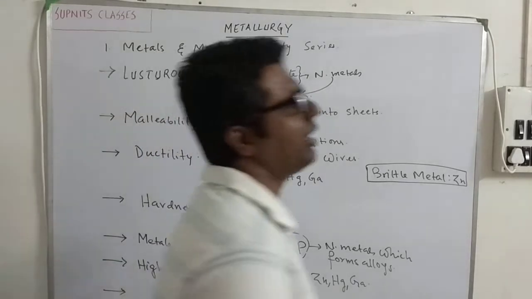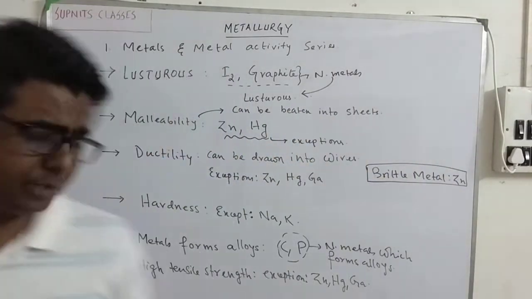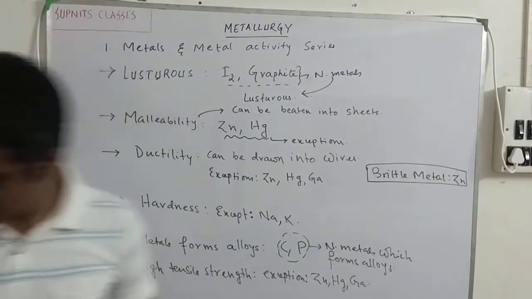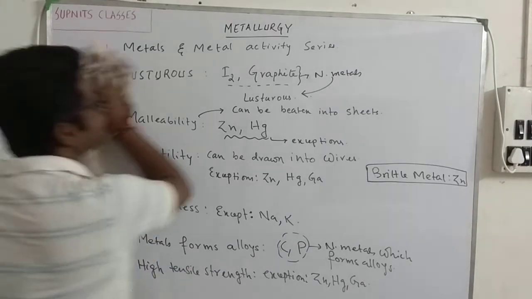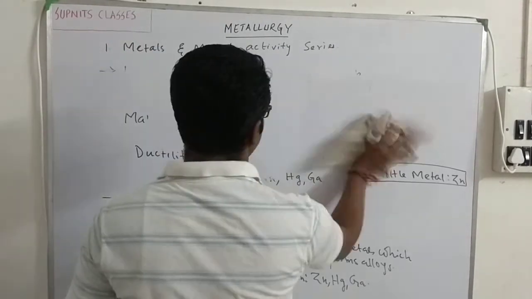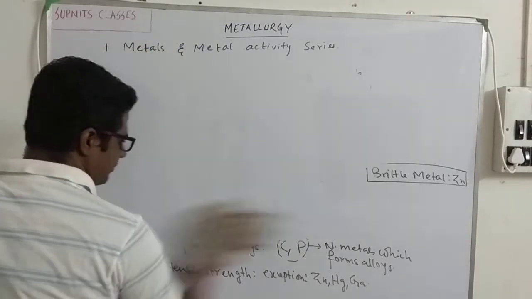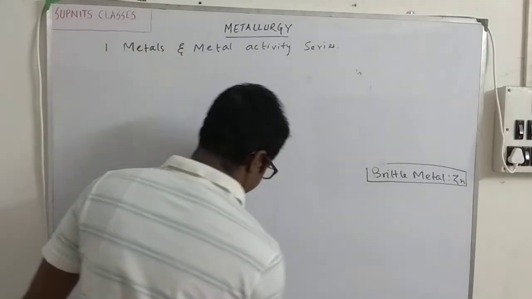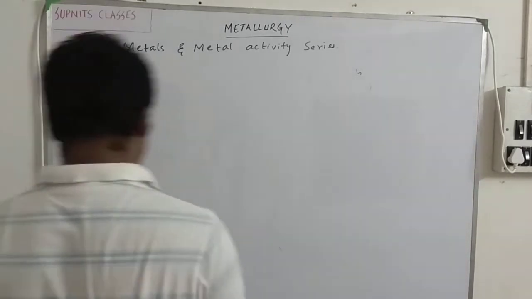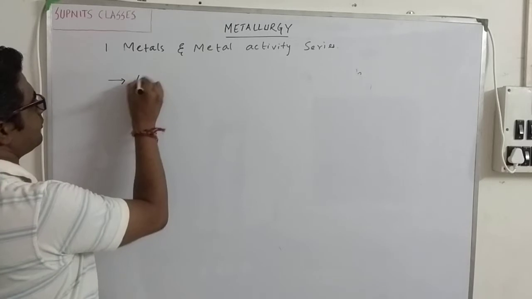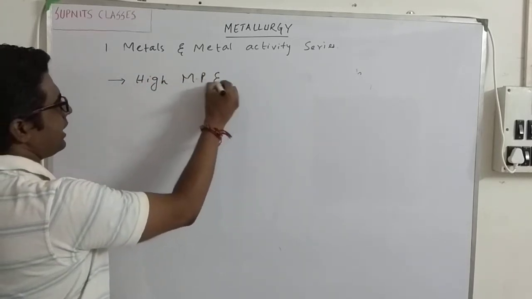Metals always have high melting point and boiling point, so we also have to check what the exceptions are for that. High MP and BP.